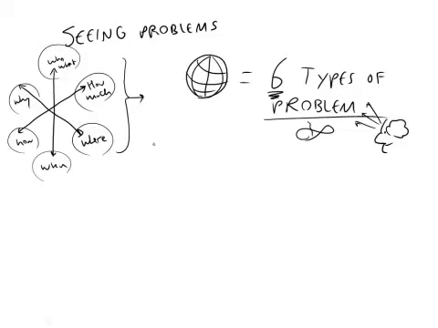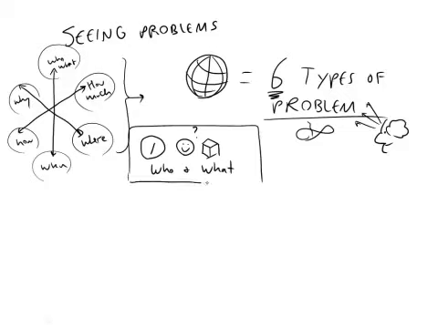Problem type number 1 are problems of who and what. Our most elemental kind of problems. These are the problems that say things like, who are all the players?